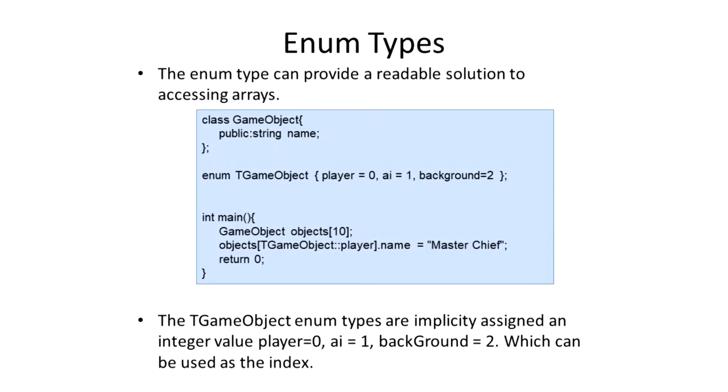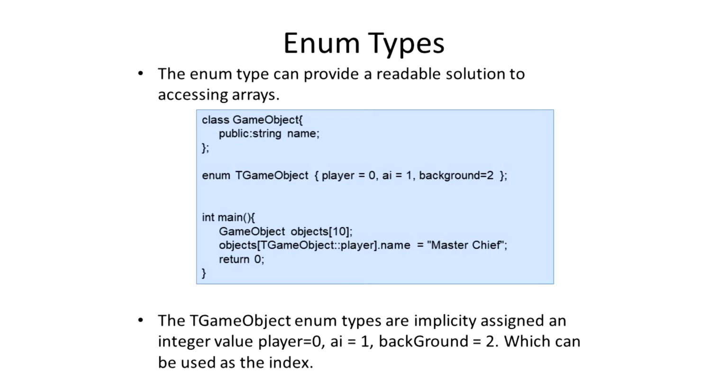An enumerated type is a really good example of this, because remember that the categories for an enumerated type can be assigned corresponding integer values. So here we see that player has the integer value of 0, the type AI has the integer value of 1, and background has the value of 2.